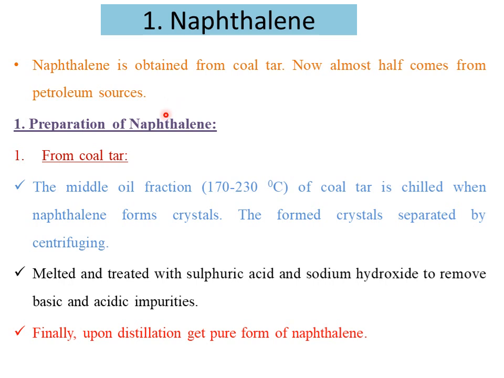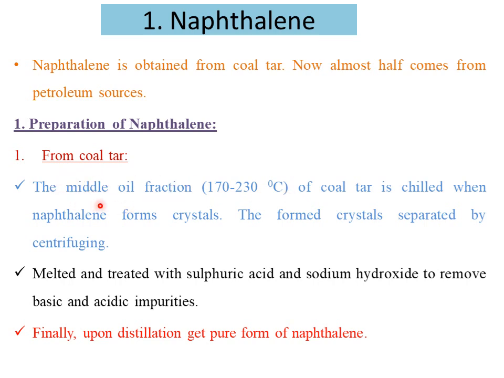Coming to the methods of preparation of naphthalene from coal tar: while manufacturing coke, we get coal tar as a byproduct. Take that coal tar and subject it to distillation at a temperature of 170 to 230 degrees centigrade. We get an oil fraction.